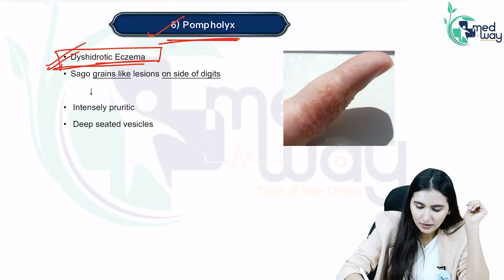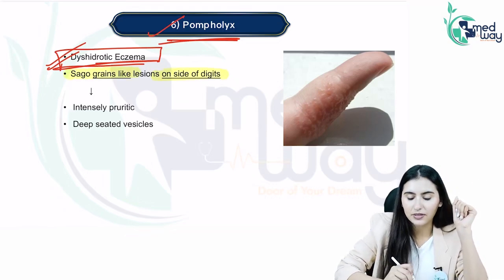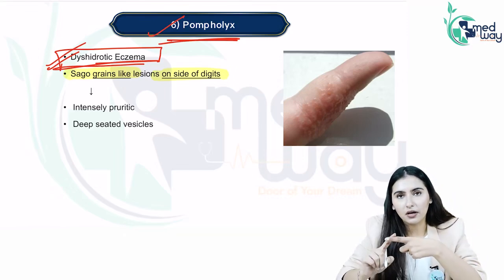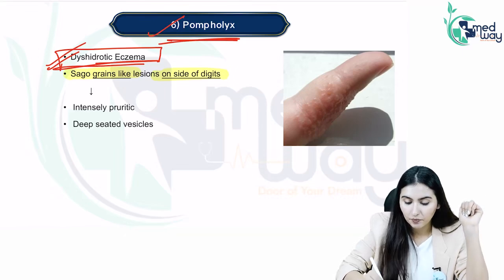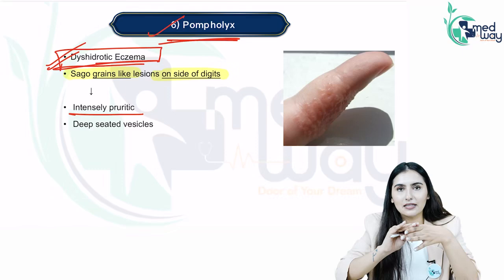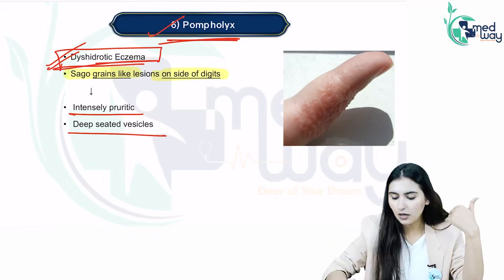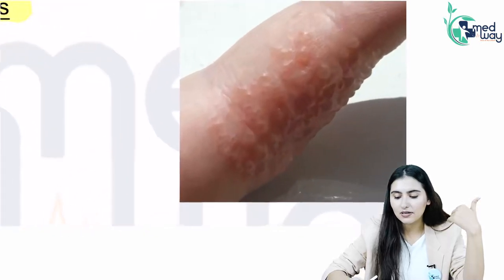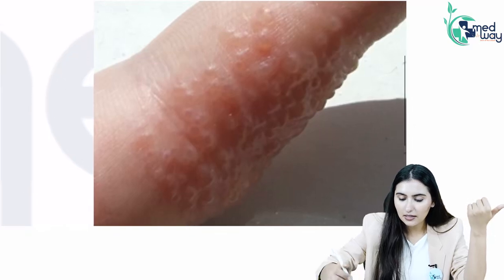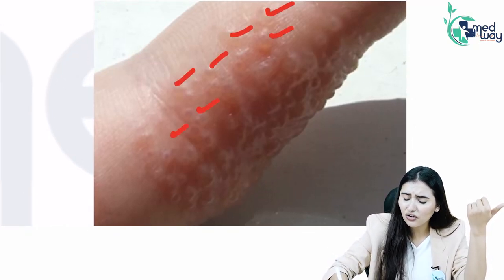On the side of the fingers, there are certain grains, sago grain-like appearance. What is sago grain? That's sabudana grain. Okay, so on the side of the finger, you have sago grain appearance, which is intensely pruritic, and those grains are actually very, very deep seated vesicles. Look at the image. It may happen sometime in the year, maybe only in winters it can happen. You see this small grain-like area over here, extremely itchy.